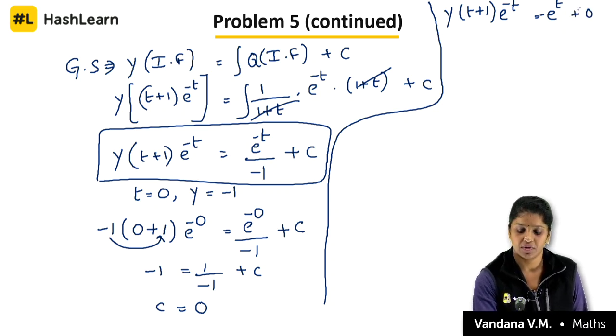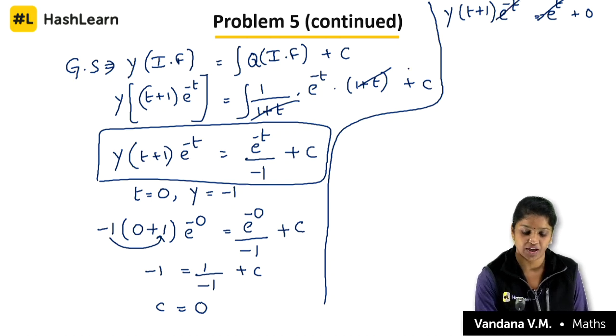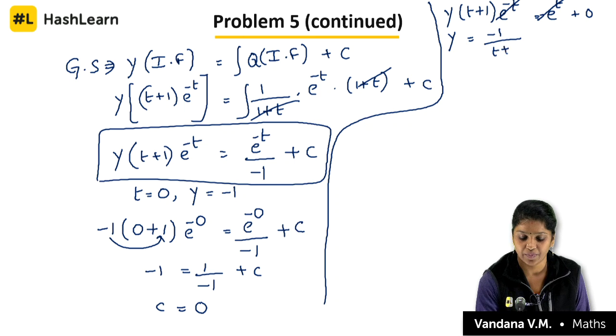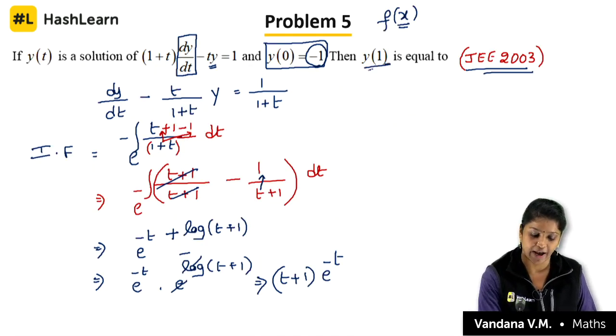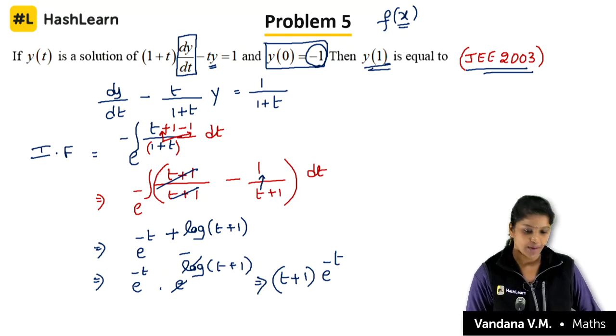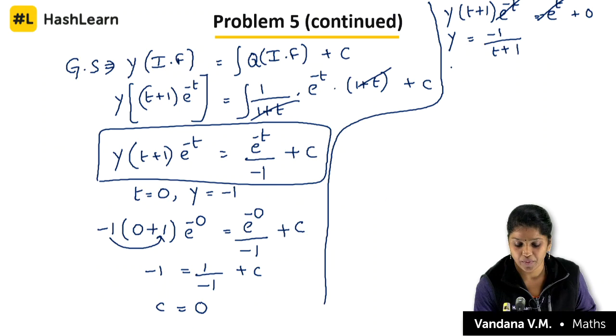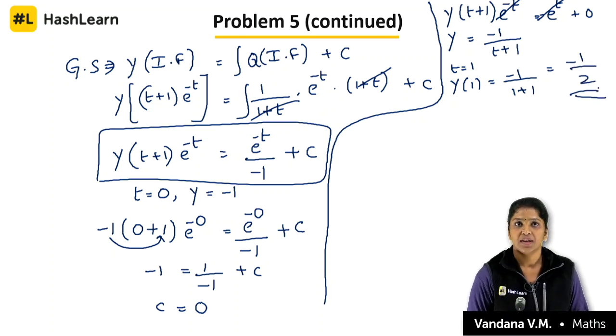If you write or not writing also not an issue. e power t will get cancelled. y is equal to minus 1 by t plus 1, because actually what I have to find out, go back and see, I have to find out y of 1, that is f of x, and put t value as 1. If I put t value as 1, y of 1 is equal to minus 1 by 1 plus 1, minus 1 by 2. Clear, children?